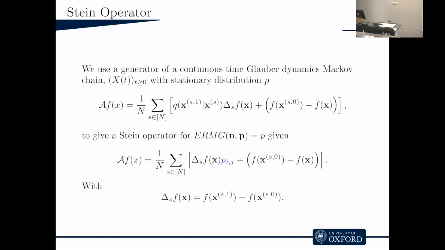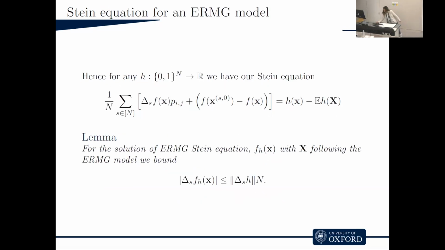In our case, because the edges are independent, it is simply the probability of an edge at the vertex pair S. So we have the Stein identity, we have a Stein equation, and we have a bound on the difference of the solution of the Stein equation. You have already heard that, and with this one bound we can do a lot.